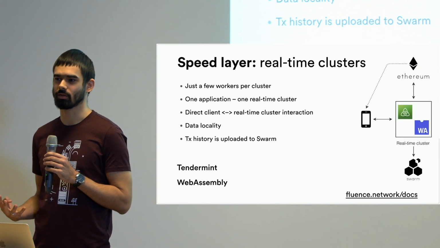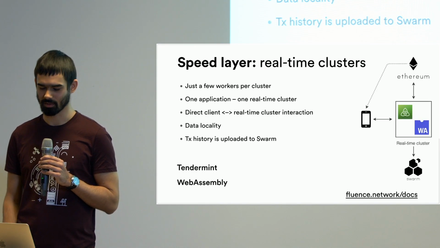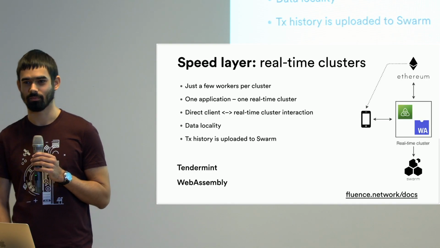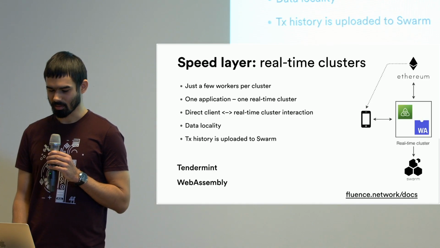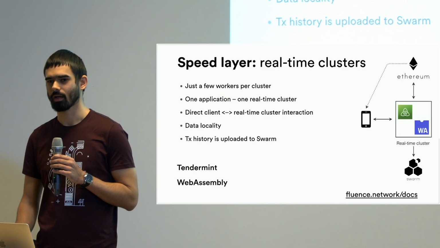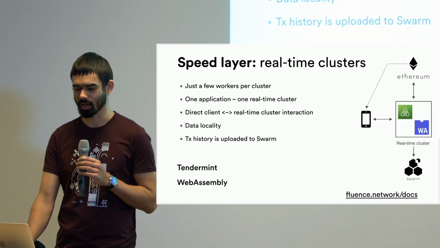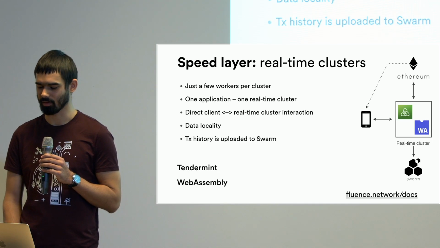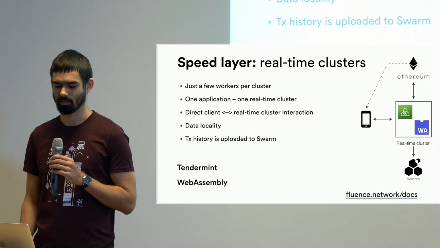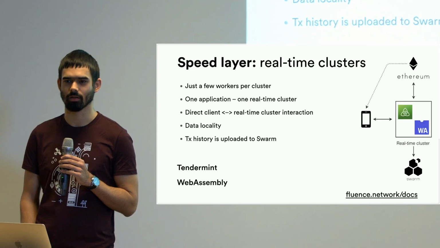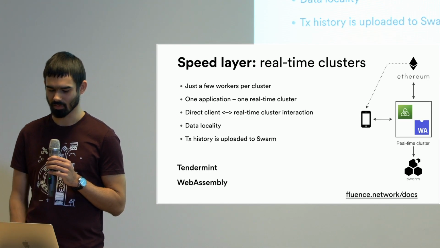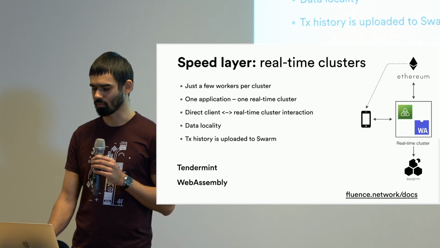It's okay to have a cluster of 4 nodes in Fluence, or you could even have a single node cluster, and it will also work. The client communicates with the cluster directly, and the cluster is responsible for real-time communication and real-time processing. All the data required for the application is stored locally on the same machine where the code is. And the history of transactions is uploaded to Swarm.